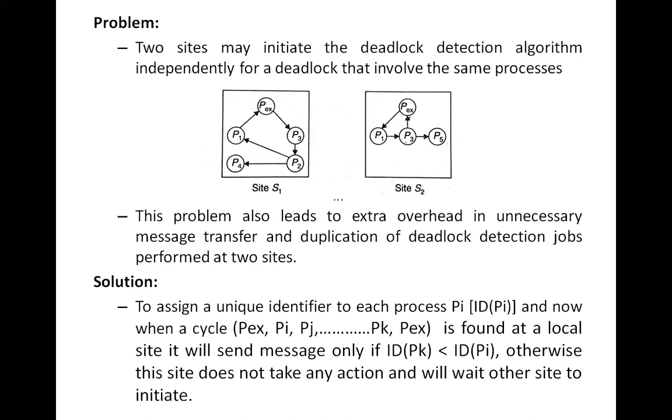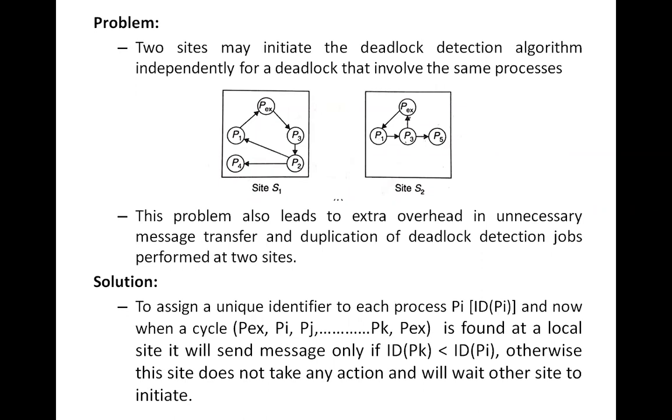For instance, in this example, S1 is a site and S2 is a site, and both the sites have almost simultaneously detected a cycle, that is PEX, P3, P2, P1 and PX, and the other is detecting the cycle PEX, P1, P3 and PX. So both the WFGs, which are maintained locally at the different sites, are able to detect that there is a cycle, and both may be detecting it simultaneously.